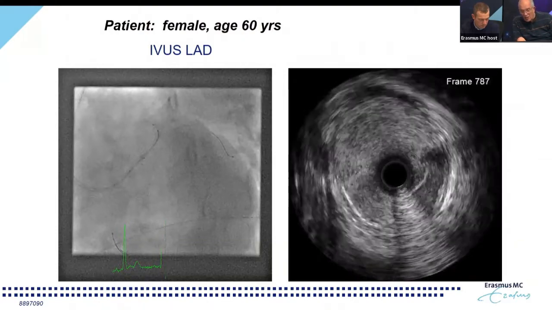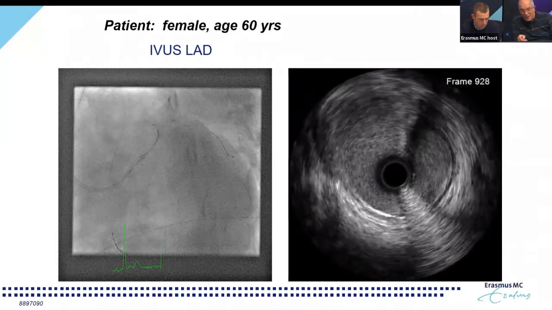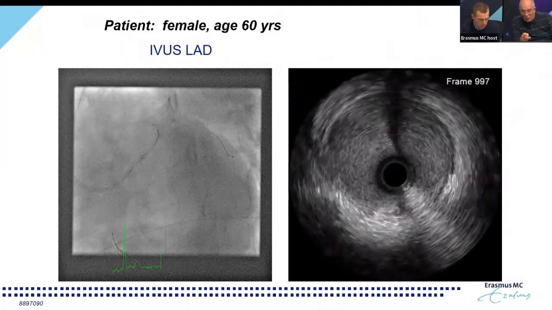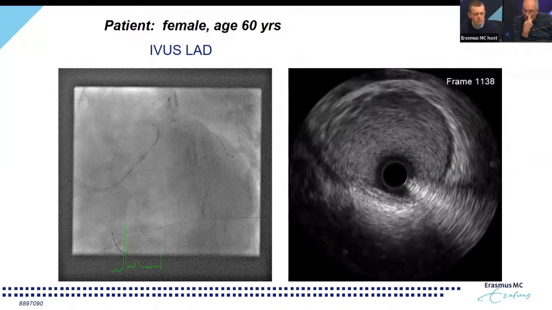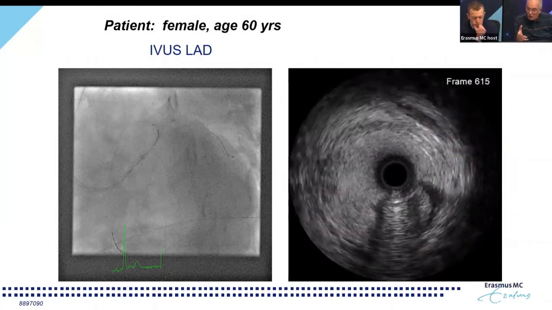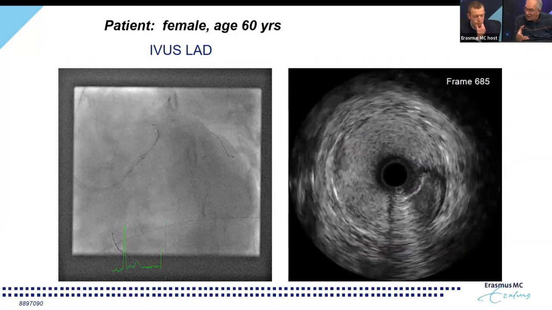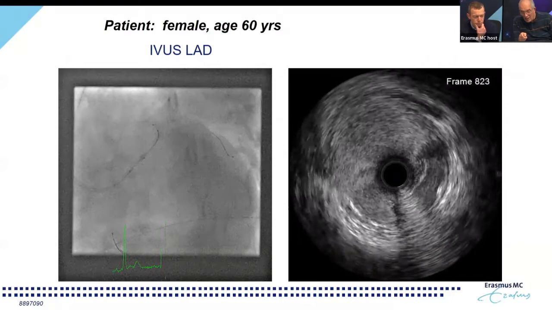So you see the media around, a sort of cap above the IVUS catheter, and here we enter the true lumen through this line. And you see this has nothing to do with the spot where we had the guiding catheter. We play it again.